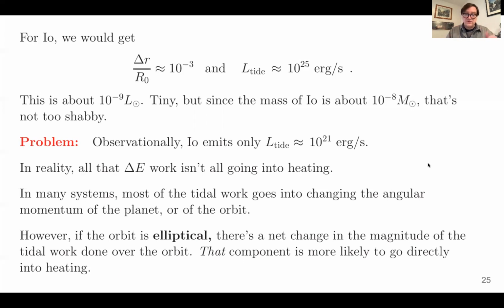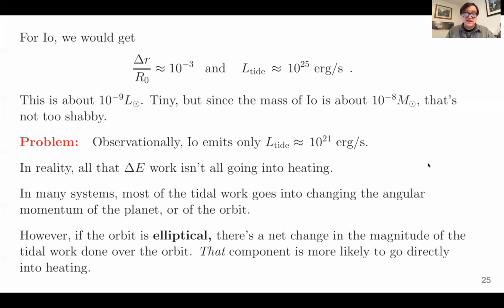In one of the first slides on tides in the previous video, we talked about all the other ways that tides can affect a system. Tidal work can go into changing the angular momentum of the planet or the orbit, circularizing or synchronizing the orbit. It's really only the leftover energy that goes into the tidal heating.